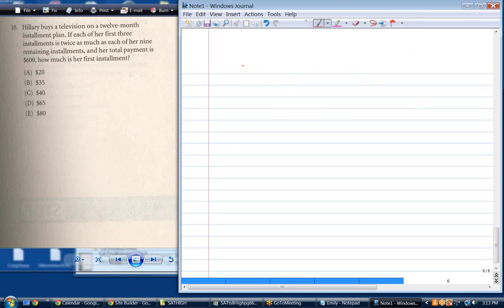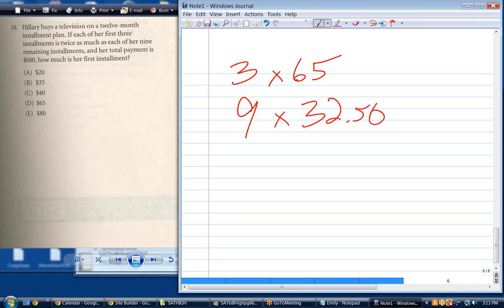Well, 3 times 65 plus 9 times 30 is 250. That also comes up less than 600, so I need bigger still, so I have my answer. You never have to test more than 2 to get the answer.